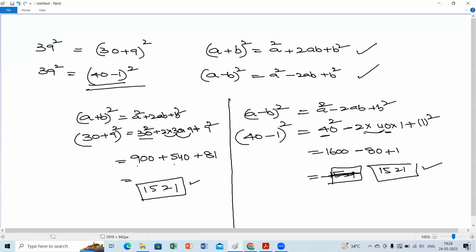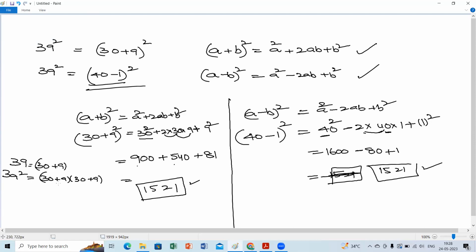Ma'am, I don't know these both ways, can you please help with the general way? In that case also, we will do the same procedure. Lasya Priya, the general way is 39 can be written as 30 plus 9. 39 square means we are multiplying 30 plus 9 into 30 plus 9.